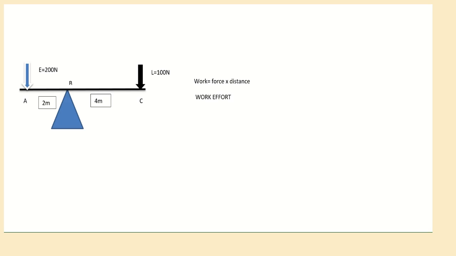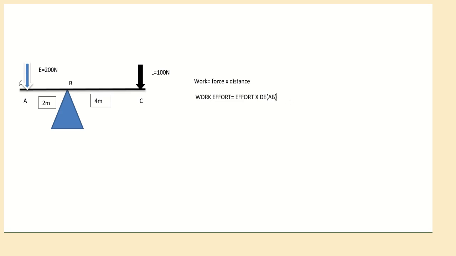So now work effort means the work done by the effort. So it is equal to the force, which in this case is the effort, times the distance moved by that effort. From this diagram, it will be from A to B, moved by effort. So in bracket, let's put AB, so that you understand.